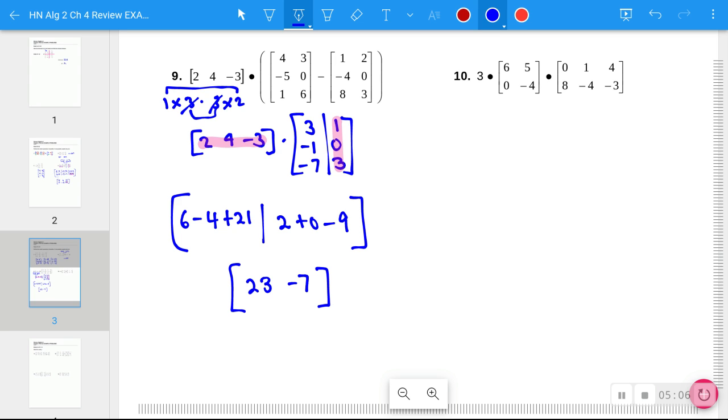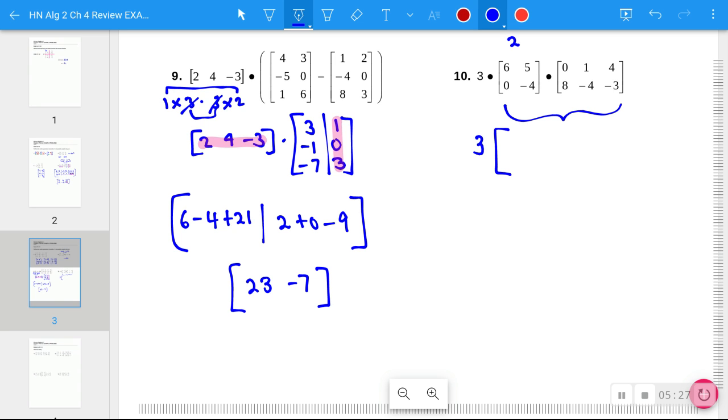Okay, number 10, we're going to multiply, and actually there's scalar multiplication in the front and matrix multiplication in the back. Let's do the back part here first, and that 3 is just going to copy for now. Okay, so let's set it up here.